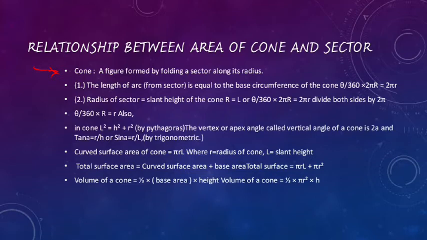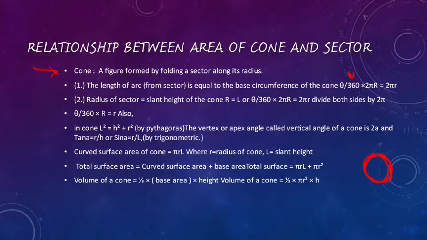From the previous explanation, you can deduce that the arc length of a sector is given as theta over 360 times 2 pi R. When you fold the cone like that, it gives you the base circumference of that cone, which is 2 pi r.